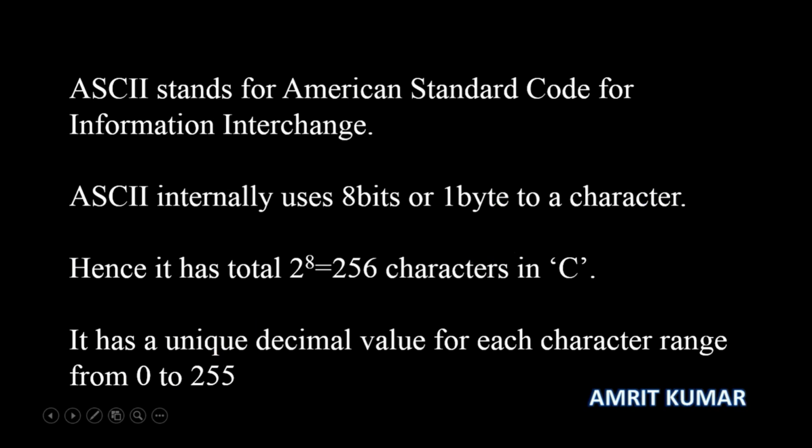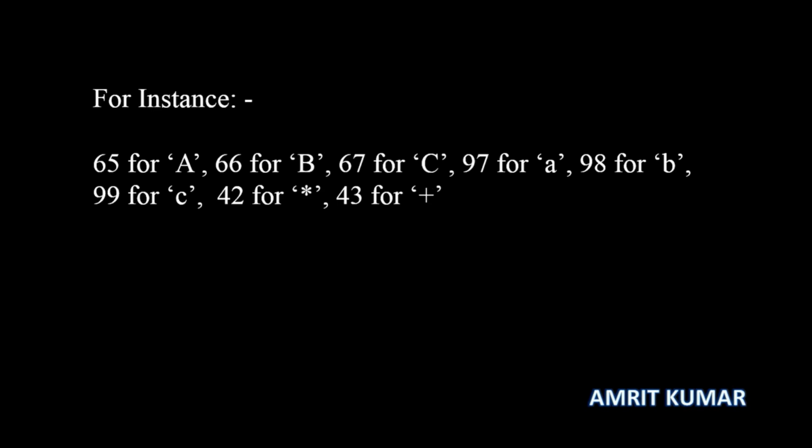So ASCII contains a total of 256 characters, and its range is from 0 to 255. Within that range, 65 is for capital A, 66 for capital B, and so on.